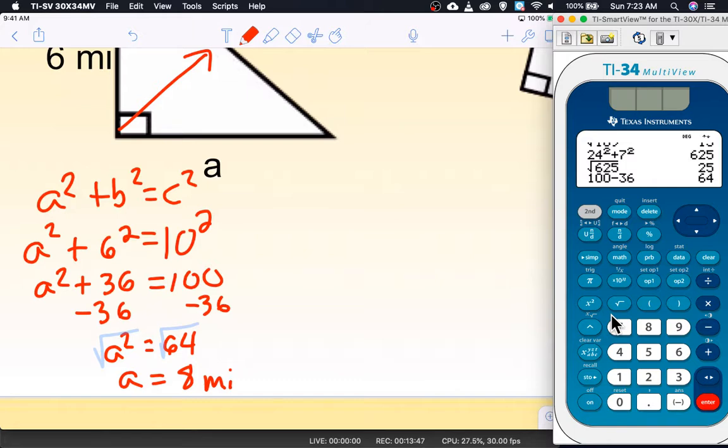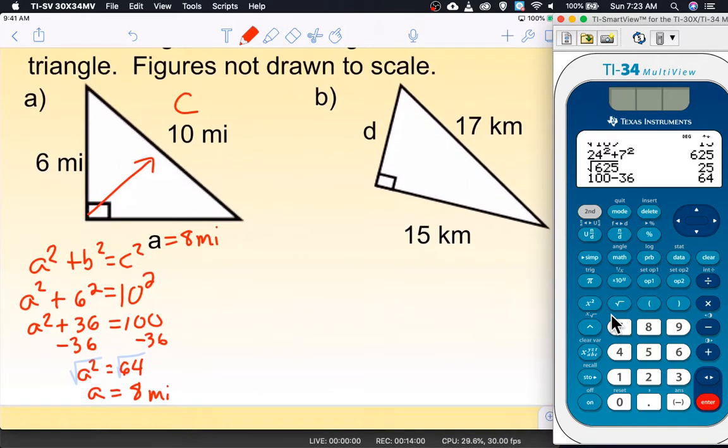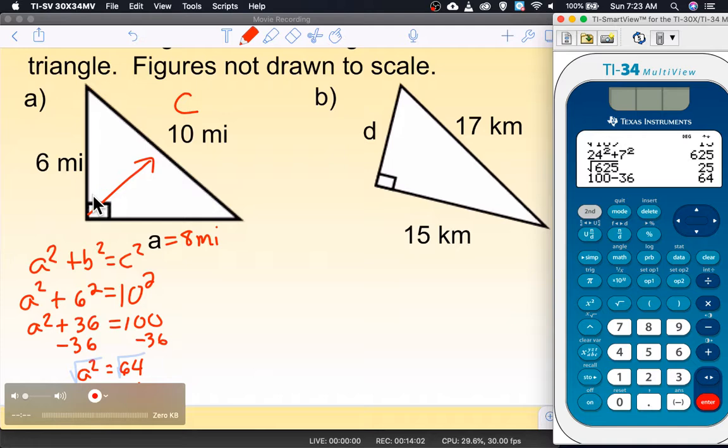One thing I like to do is I always like to write my numbers, or not always, I like to write my numbers next to my problem back up in the picture. Because sometimes looking at the picture, you can see, oh man, maybe my answer didn't really make much sense. I mean, here, if I would have got an answer of, say, 12, well, I know this can't be 12 because 10 is the biggest side.